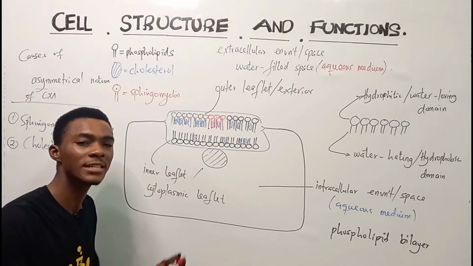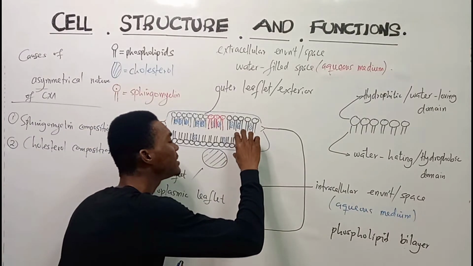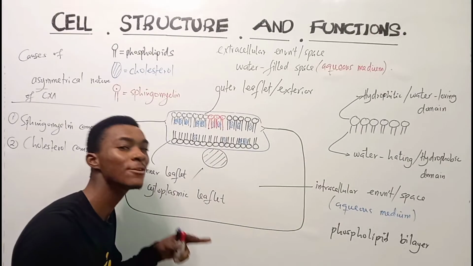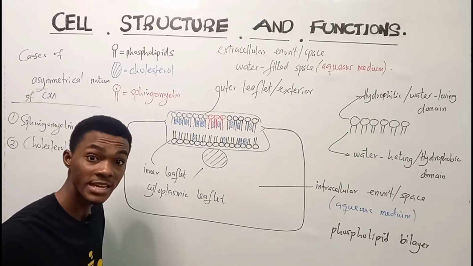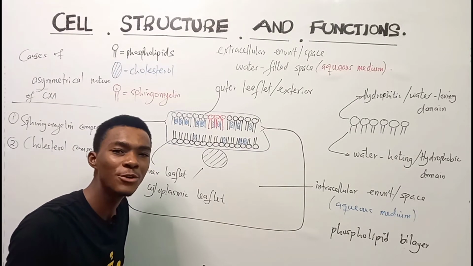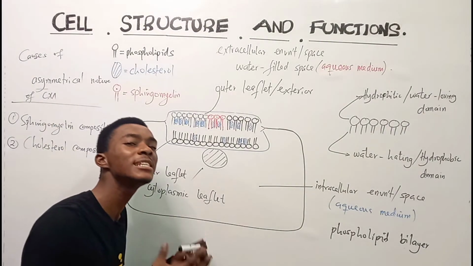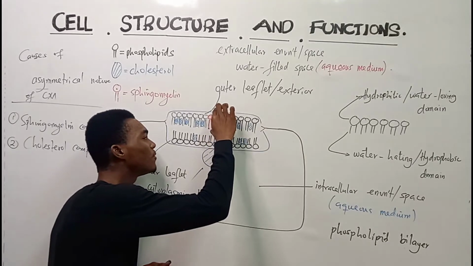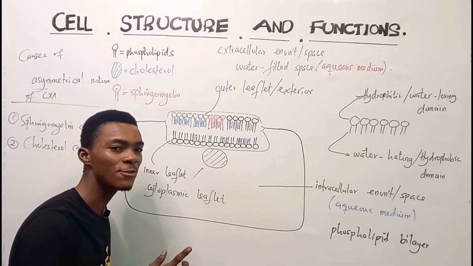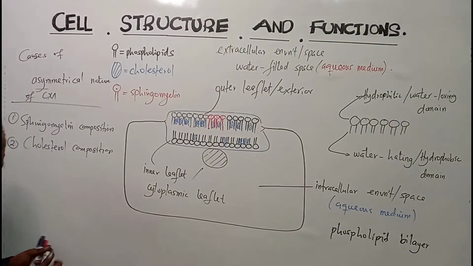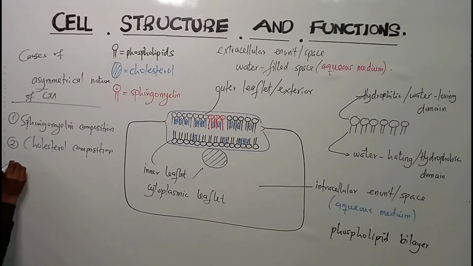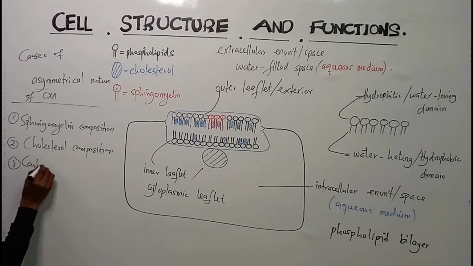But when you come to the inner leaflet, you won't see any recognizable or significant type of carbohydrate in there. So what are you trying to say right now? Carbohydrate molecules are associated with the outer leaflet, but not significantly in the inner leaflet. So the next reason why we are saying that our cell membrane structure is asymmetrical is what? Due to carbohydrates, what?